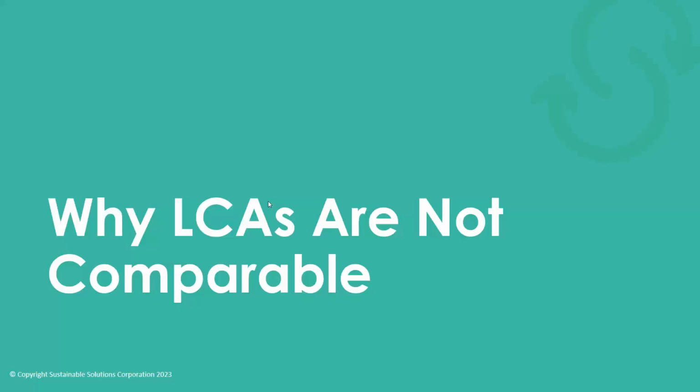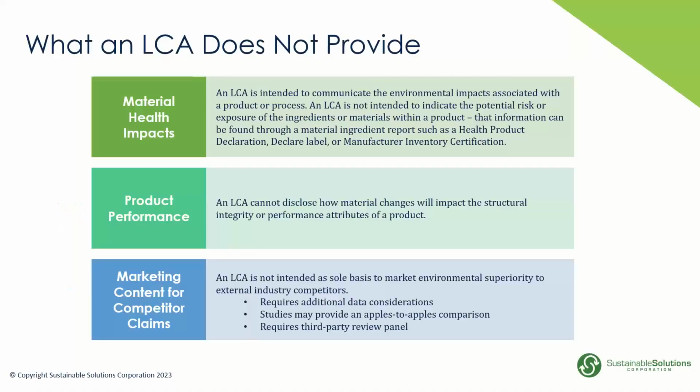All right, so one thing that we want to talk about here is why external competing product LCAs are not usually comparable without going through a full process like I just talked about. So one thing to remember, what an LCA does not provide and what an LCA does provide. LCAs are not typically looking at material health impacts. So the LCA is mainly focusing on environmental impacts associated with a product or a process, and not really looking at risk, exposure, hazards, et cetera, that we typically see being disclosed.